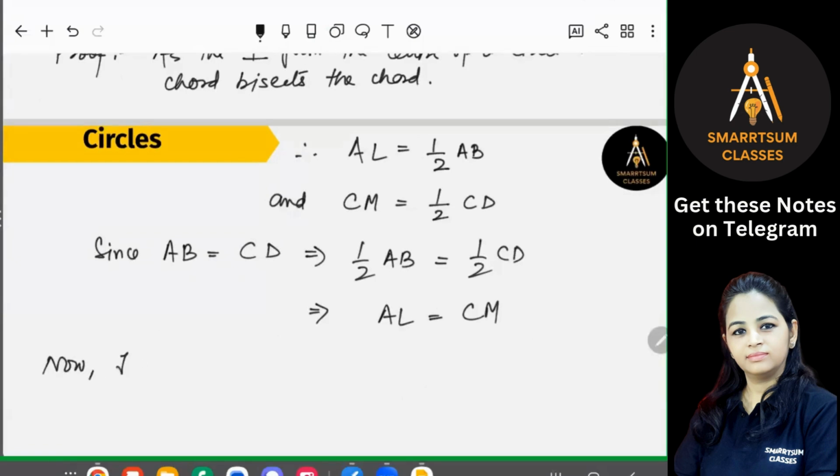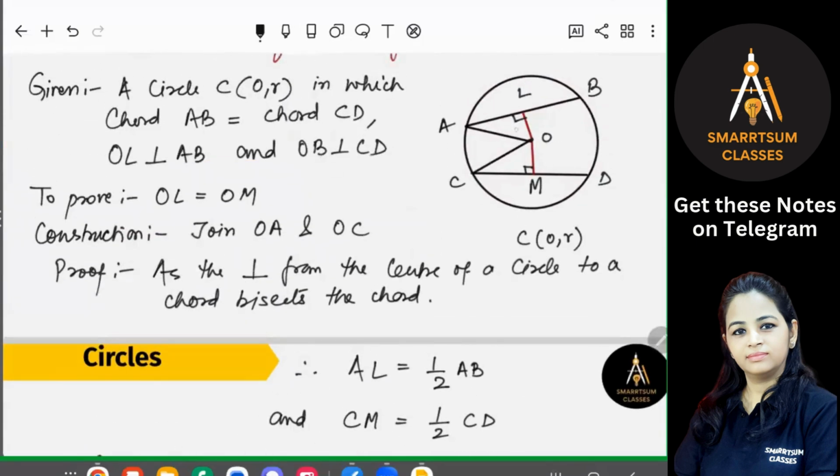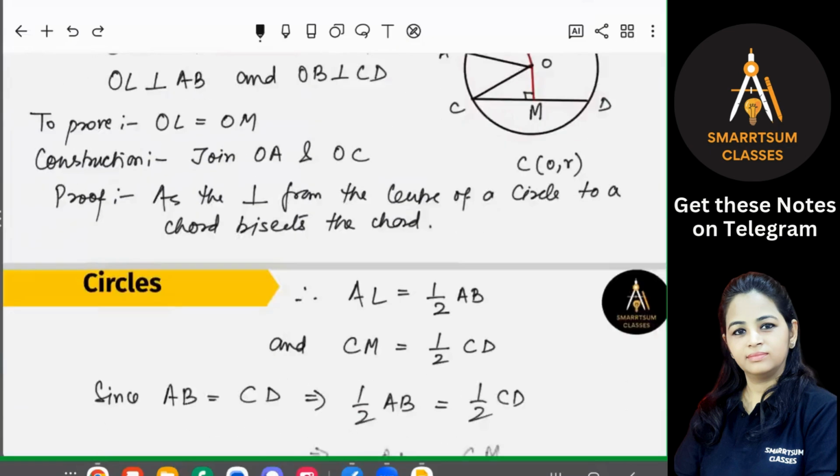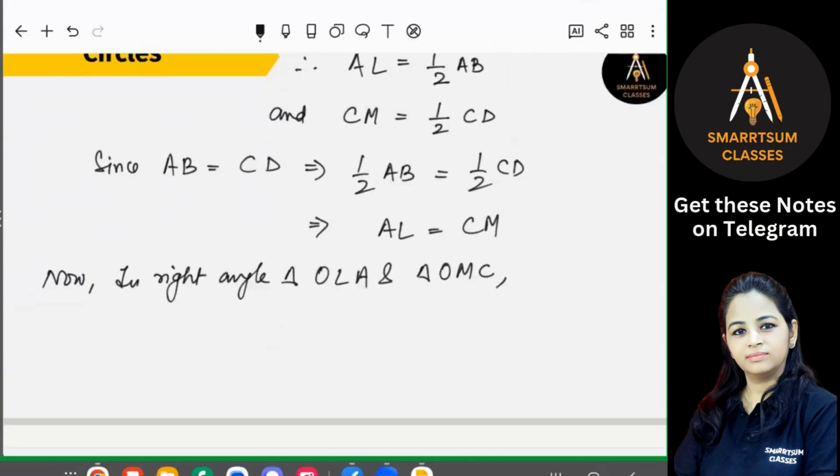Now, in right angle triangles OLA and OMC, right? So if you see, by construction we have got these two triangles, triangle 1 and triangle 2, right? Both are right angle triangles because OL is perpendicular over AB and OM is perpendicular over CD, making a 90-degree angle. So these two triangles are right angle triangles, right?